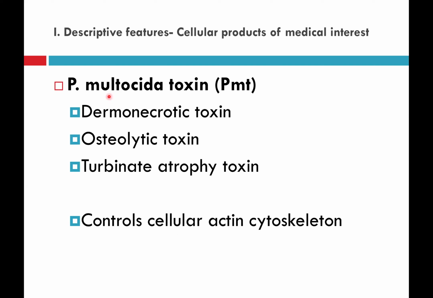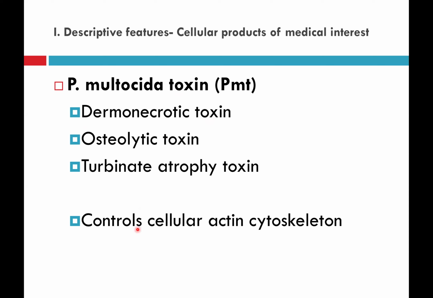The bacteria produces what is known as a PMT or Pasteurella multocida toxin. This toxin is also known as the dermonecrotic toxin, osteolytic toxin, or the turbinate atrophy toxin.